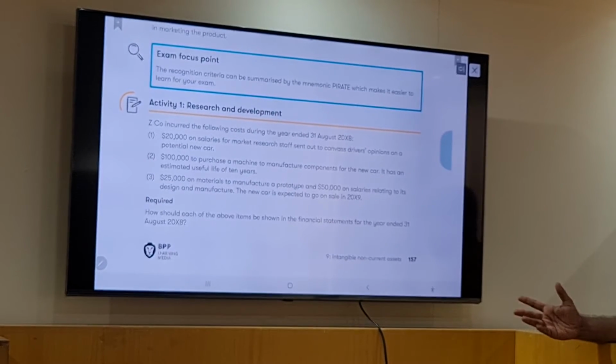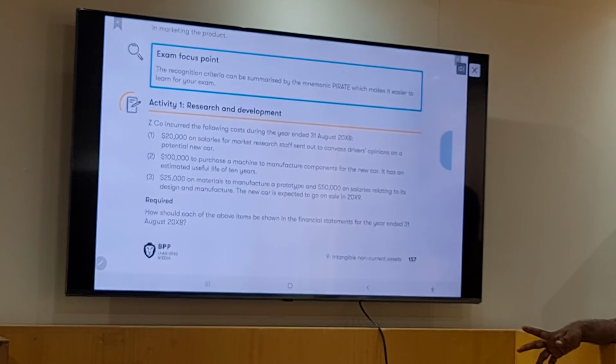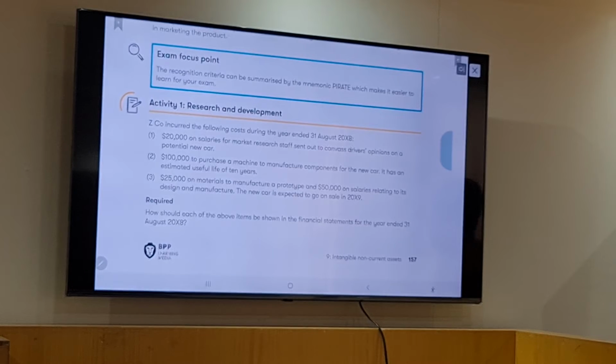You consider this as an asset and capitalize according to the IAS standard. What is the standard? Property, plant and equipment, IAS 16. Then you capitalize and then you depreciate.